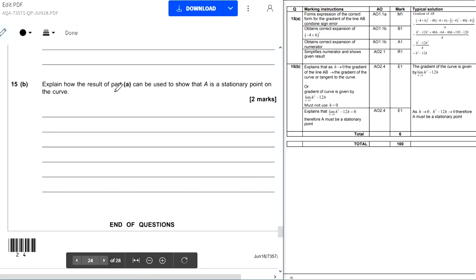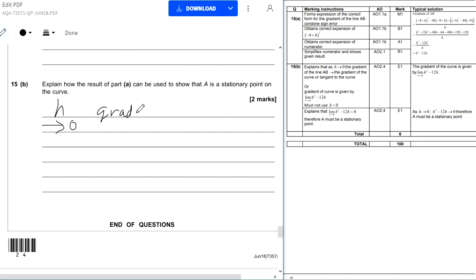Last question. Explain how the result of part A can be used to show that A is a stationary point on the curve. I'm assuming this is where the first principles comes in. So as h tends to 0, the gradient, which equals h squared minus 12h, also tends to 0.